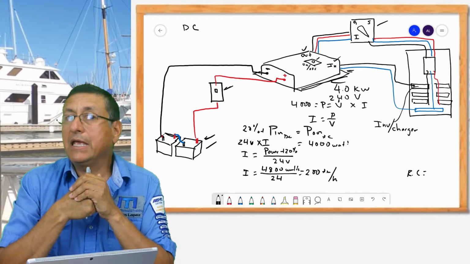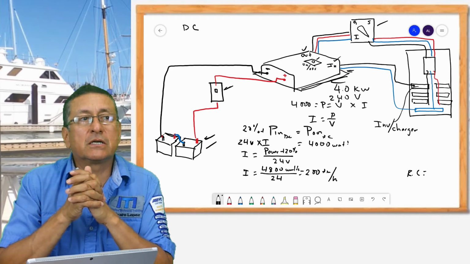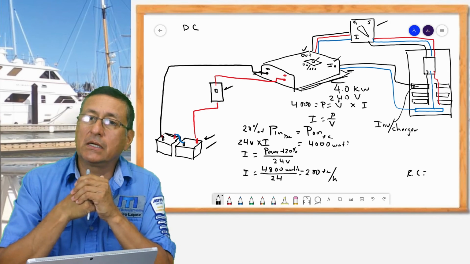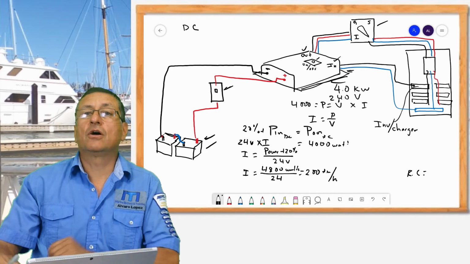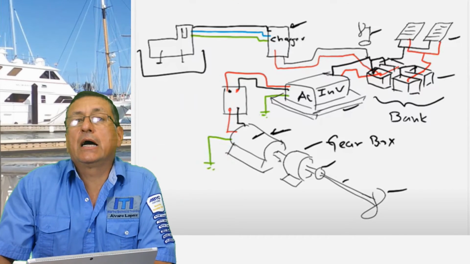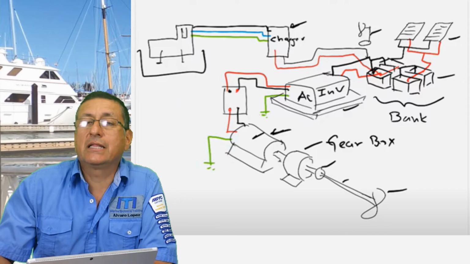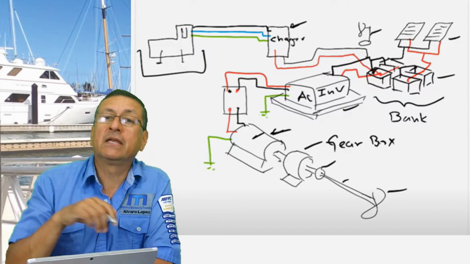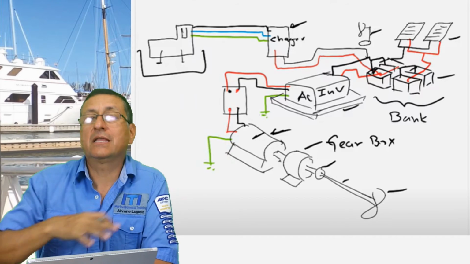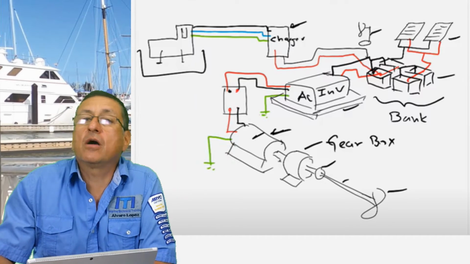And normally I recommend the inverter as a backup, not the constant power. However, there are some sailboats and catamarans that have the inverter working all the time, and the AC power internally in the boat is coming from the inverter.